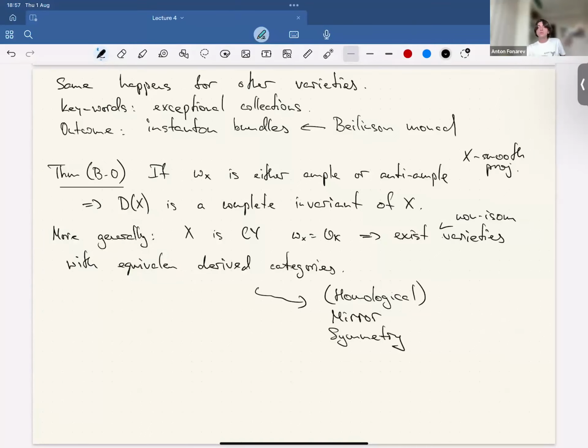The formulation of mirror symmetry by Kontsevich essentially uses as its output equivalences of certain categories, where on one hand you have derived categories of coherent sheaves, and on the other you have Fukaya categories. So again, it's an essential part of discussion, which is very conjectural, of course, but at least these are some of the directions where you can slowly go from here. All right, I think I'm more or less out of time, so it's a good place to stop. Thank you.